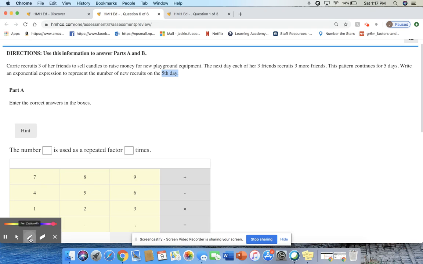So let's take a look. She has 3 friends, 3 of her friends to sell candy. The next day, each of her 3 friends recruits 3 more friends. Then, on the 3rd day, 3 more friends.